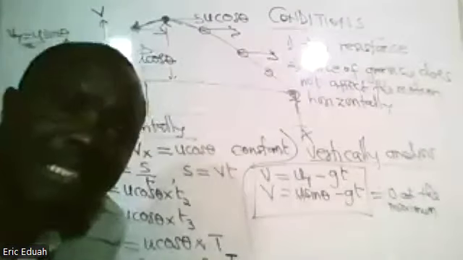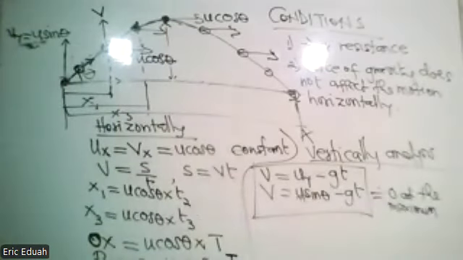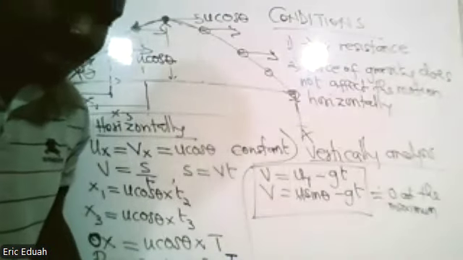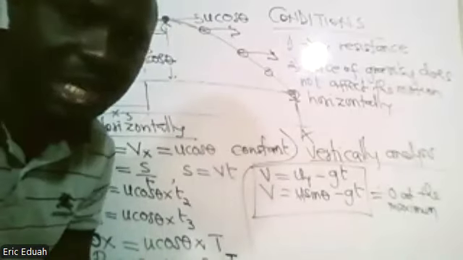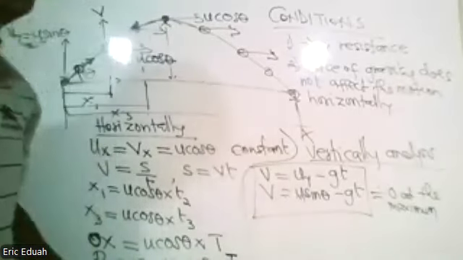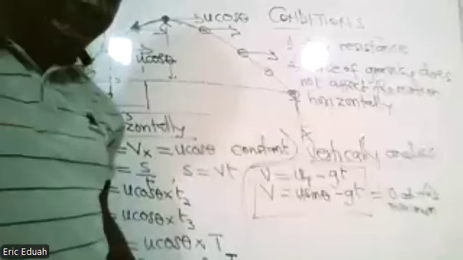So this must be the answer: at the maximum height, its velocity is u cos theta. And you have to explain: when the body gets to the maximum height, the vertical velocity goes to 0, but the constant horizontal velocity is there. Please, is it understood?